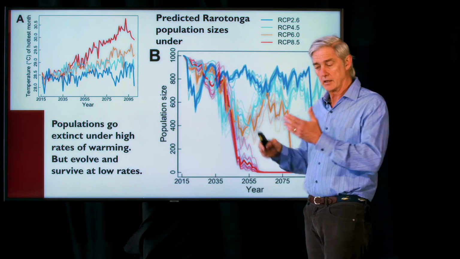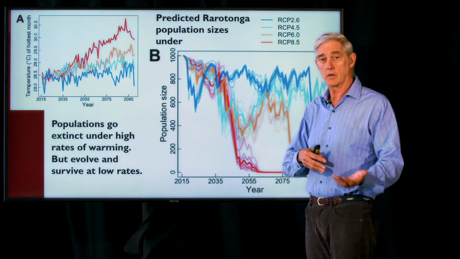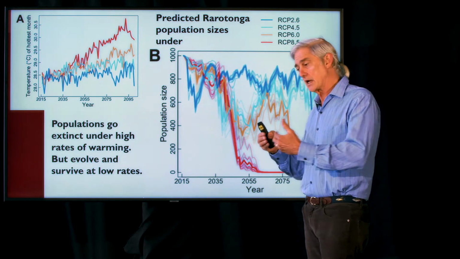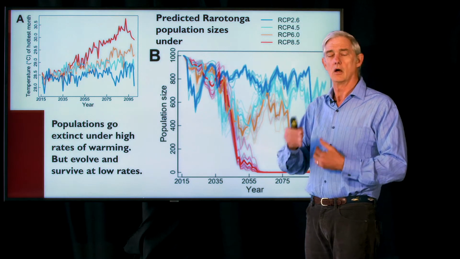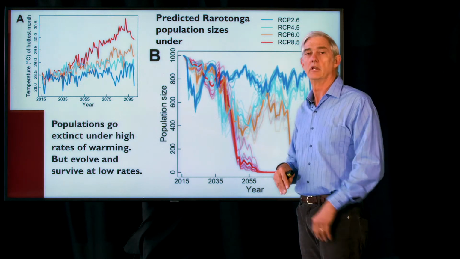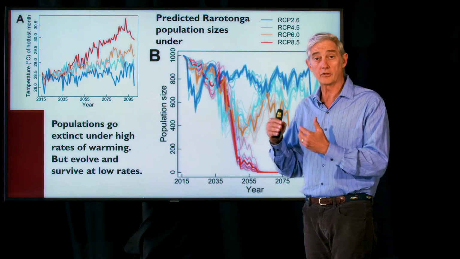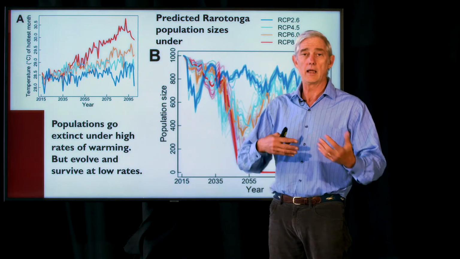Then we can take the alleles that we know are there from our work in Samoa and Rarotonga and ask with a mathematical model, if the temperature goes up, how much will that cause selection on the population to increase those allele frequencies? If the temperature goes up too fast, it's likely that too many of the corals won't have the right alleles and they'll die.